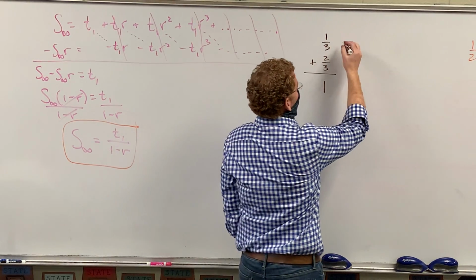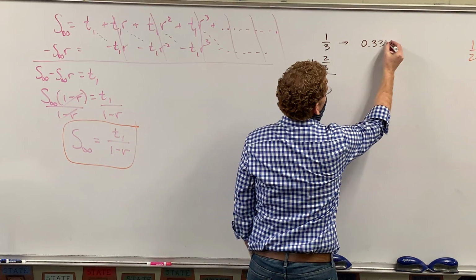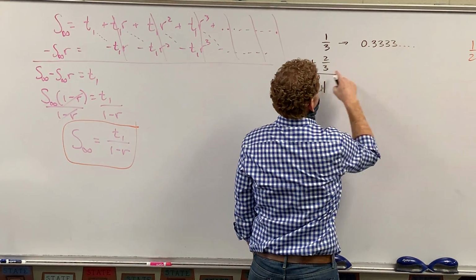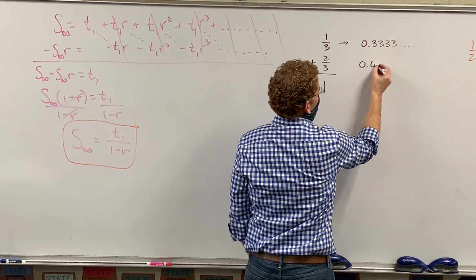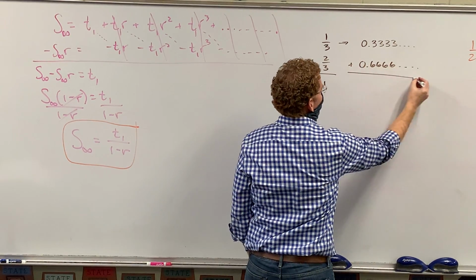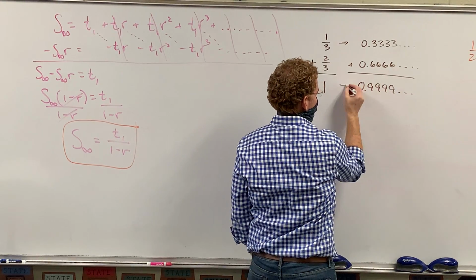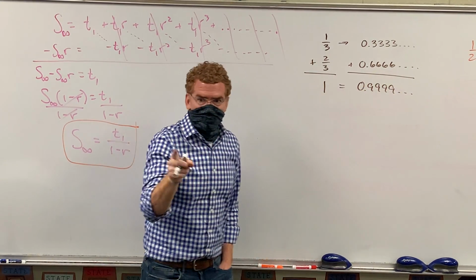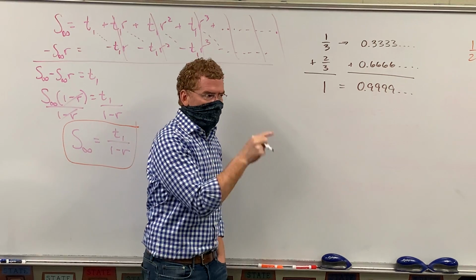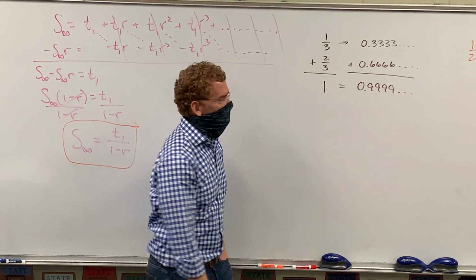But I think everybody also would agree that 1/3 is 0.3 repeating, 2/3 is 0.6 repeating, right? So what would that give me? 0.9 repeating. So you just said that 0.9 repeating is 1. Now, guess what 0.9 repeating really is?